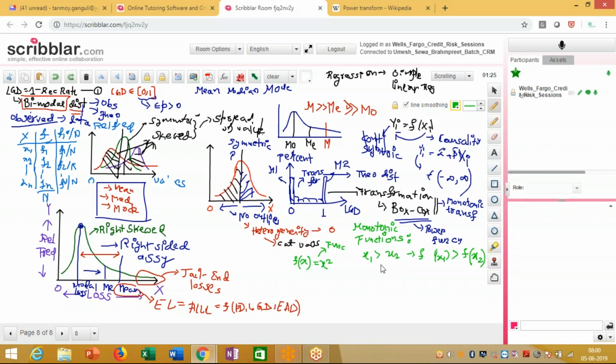Let's say x1 is 1, x2 is 2. Given that, is this function monotonically increasing?